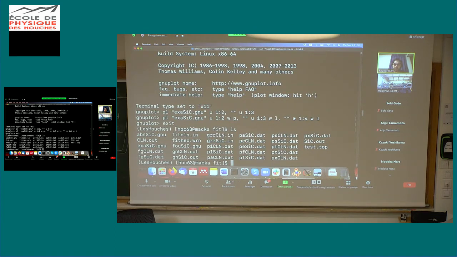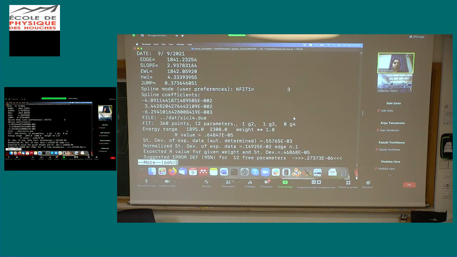Yeah, the output file is the name that you have given. So in my case it is cist.out. If you plot it, there is various different information. There is the energy edge selected, the slope, the white line.